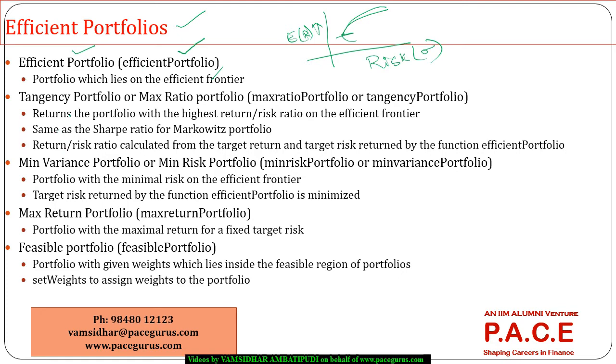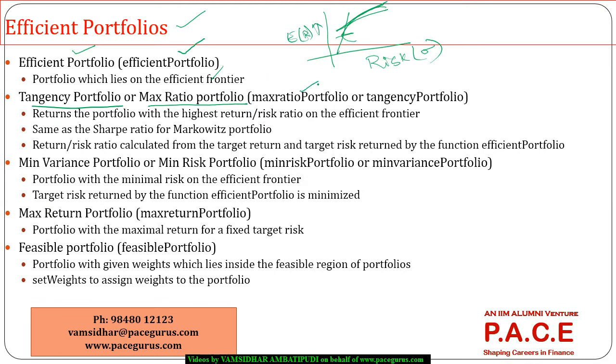But based on the different kinds of objectives, the efficient portfolios could be different. So we can see a tangency portfolio or a maximum ratio portfolio. What does that mean? This is a tangent. At different risks, we are talking about different kinds of tangent.